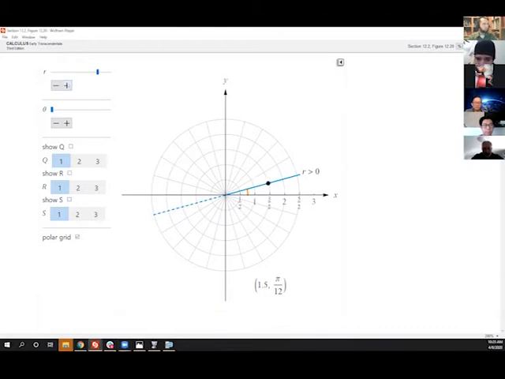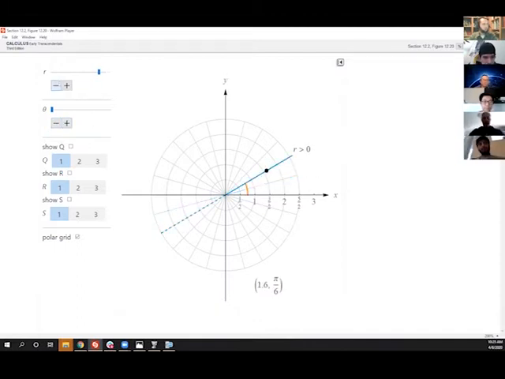So adding to the radius, now we're at 2, pi over 12, so we've gone twice as far out. Angle is the same. We could change our angle. Now we're at pi over 6. Things get kind of interesting when your r's are negative.